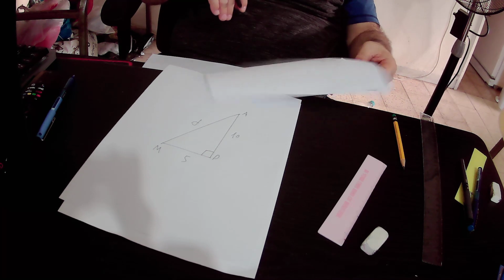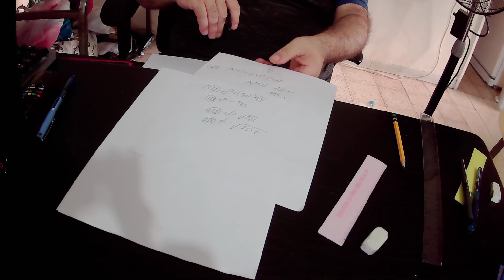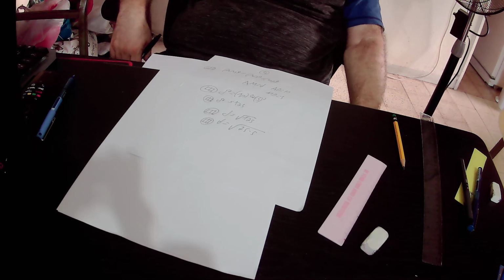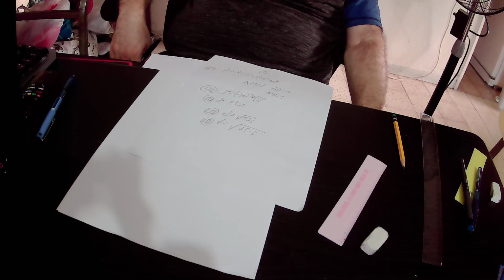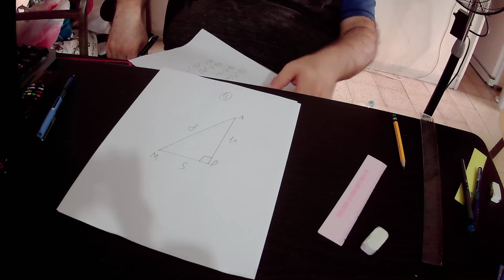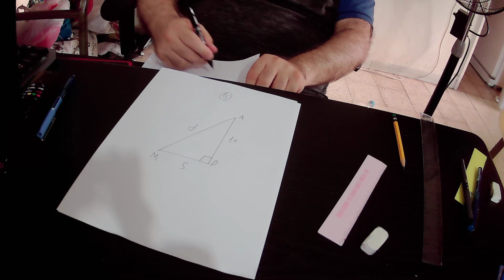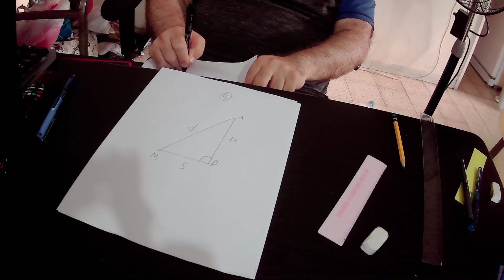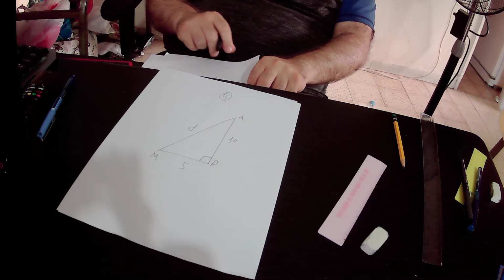D equals root of 25 times 5 because 125 equals 25 times 5. Now we can split the root into 2 roots according to the rule that the root of AB equals root A times root B.